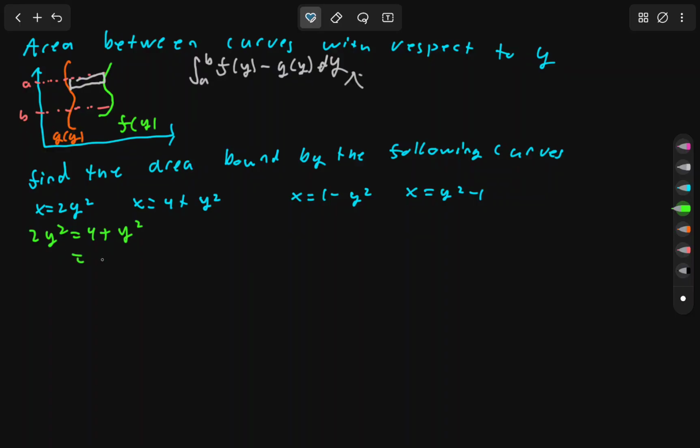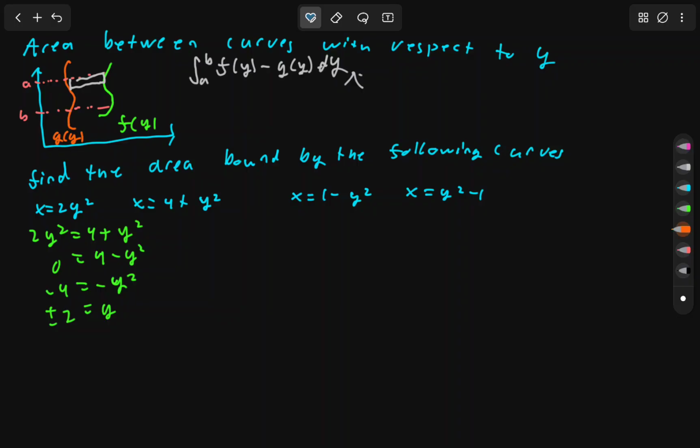Now we just have to subtract this over, so we get 4 minus y squared is equal to 0. Solving, we get negative y squared is equal to negative 4. So y needs to be equal to plus or minus 2.